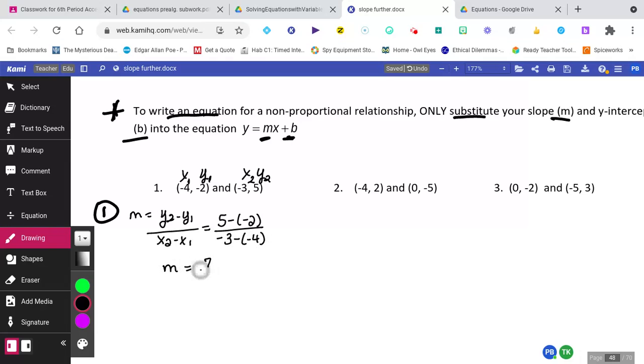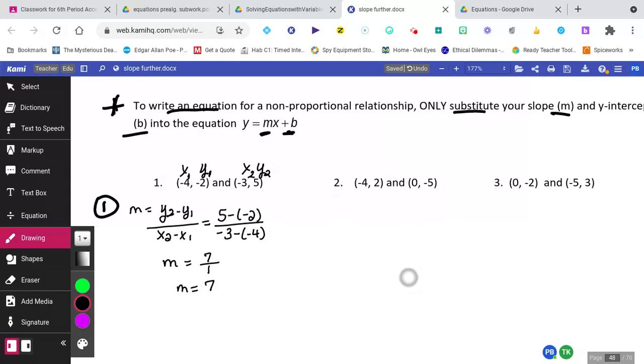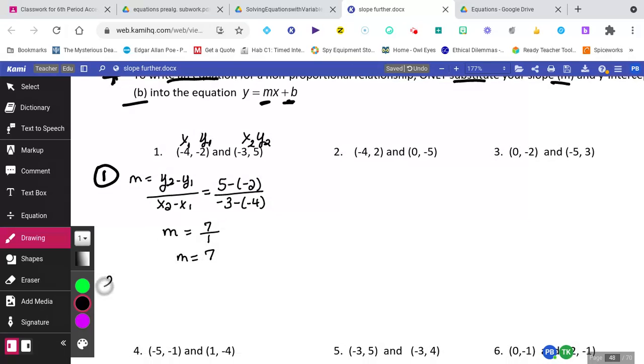In this case, we end up with 7 over 1. So m is 7. Okay, that's step 1. Step 2 is to pick an ordered pair. So, I'm going to pick negative 4, negative 2. You only got 2 choices to choose from, guys, okay? It's not like you got a whole table of values to choose. So just pick an x and a y. Pick one of the points.